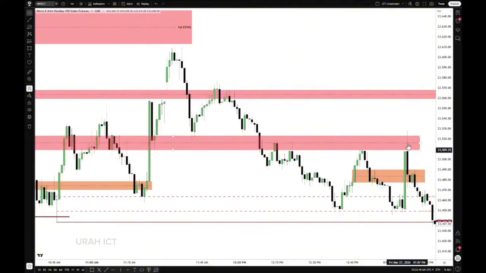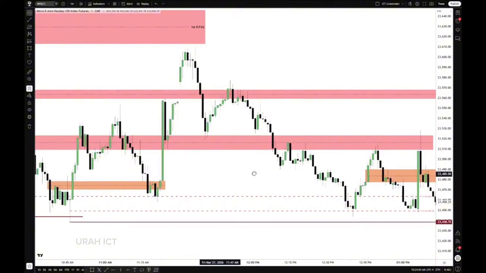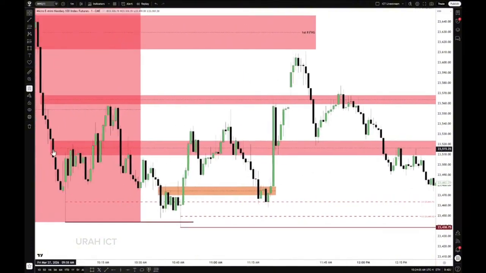But when we ran up here and did this, and we closed here, look what the bodies did. The bodies tell you the story, the narrative. The wicks do the damage. So they kept the body closed below this bearish fair value gap here. So this is why, again, this is not supply and demand.